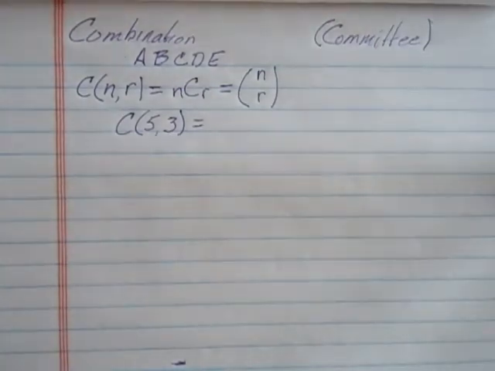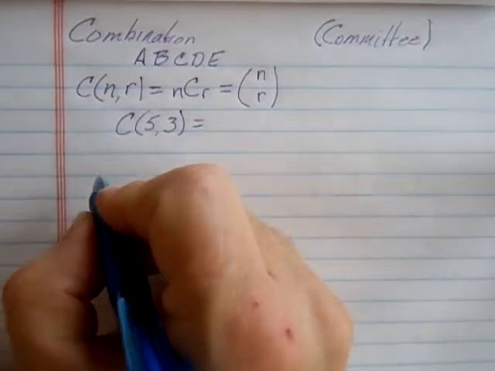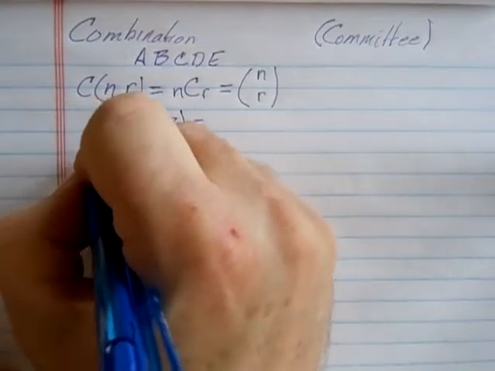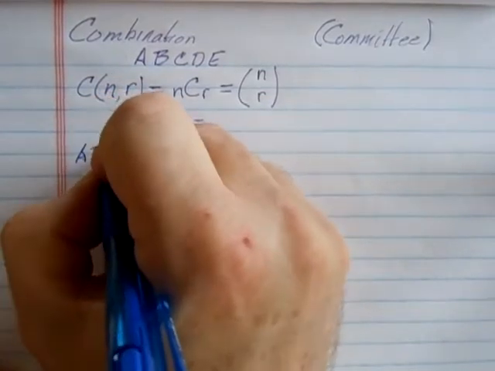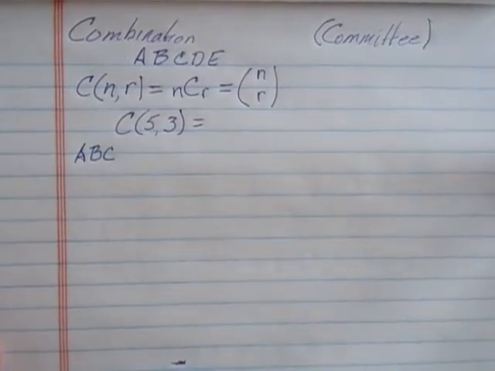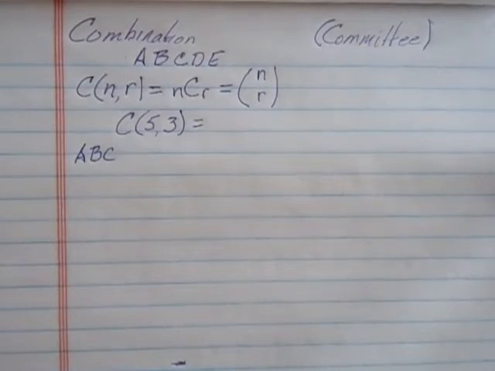Okay, you may have found that there were in fact 10 committees that could be chosen. Let's look at them real quickly. You could have made a committee with A, B, and C. Now notice the order doesn't matter here. So the committee ABC is the same as the committee BCA or CBA or BAC and so on.